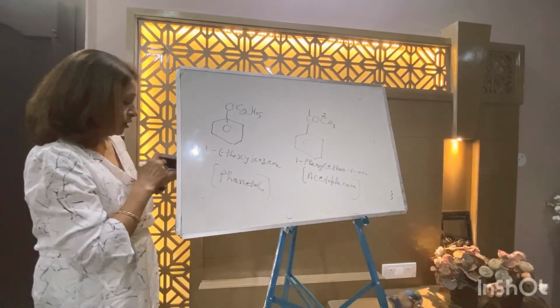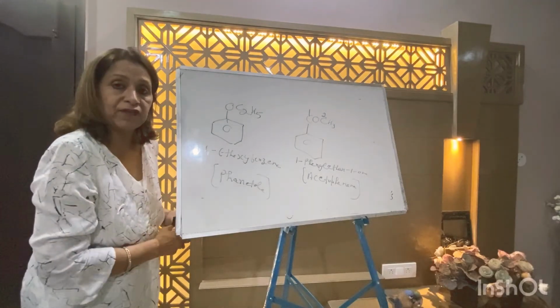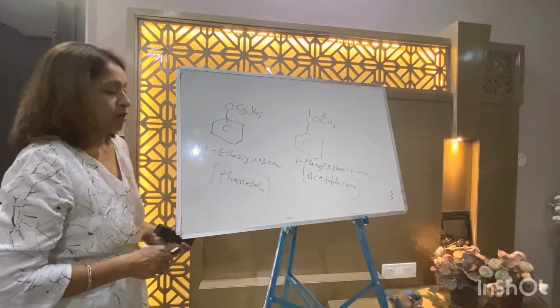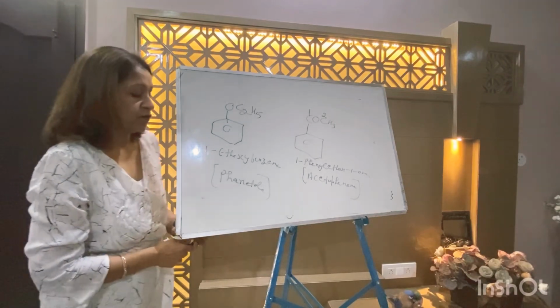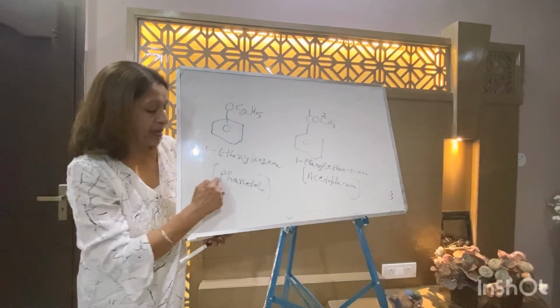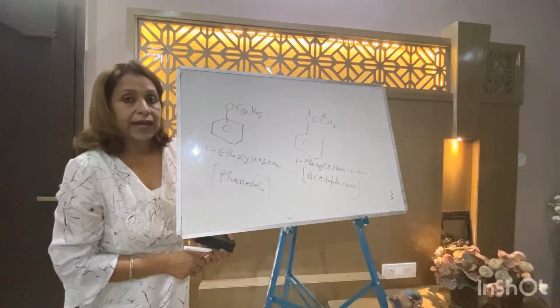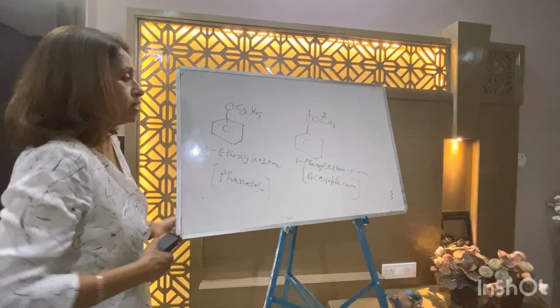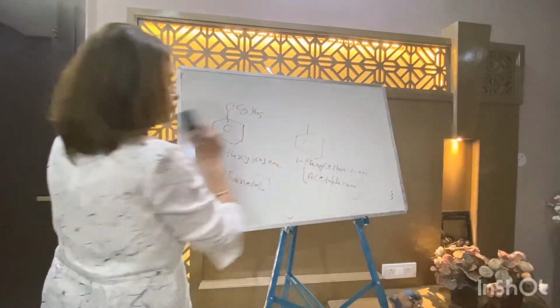Dear children, write down the 2 common names of ether: anisole and phenetole. Methoxy benzene is anisole and ethoxy benzene is phenetole. Phenetole, PHENETOLE. Now I'm taking next ketone, CO.